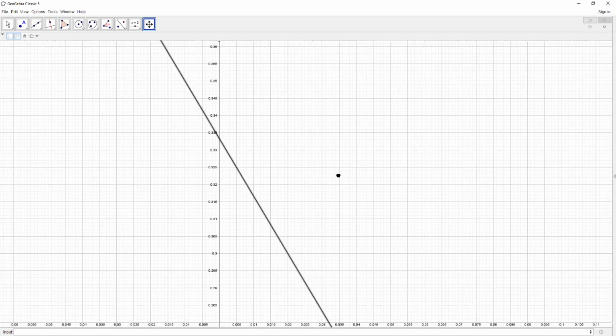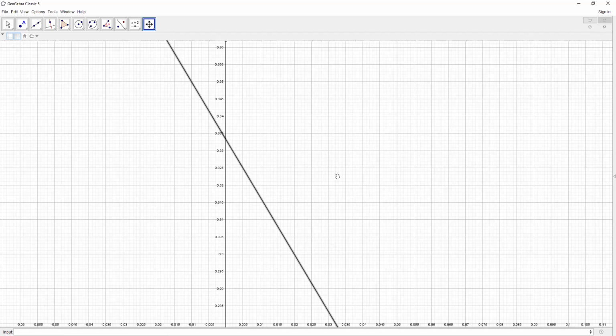If you've got nothing better to do for a weekend, you could spend your time zooming in here and getting a deeper understanding of the visualization of exactly what the number 1/3 is. 0.3, 3, 3, 3, and so on. Anyway, I'm satisfied. It looks to me like the line we're looking at is passing pretty close to 1/3.